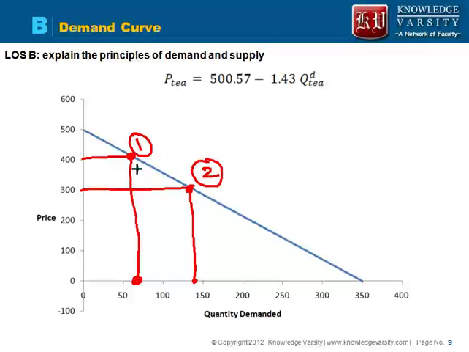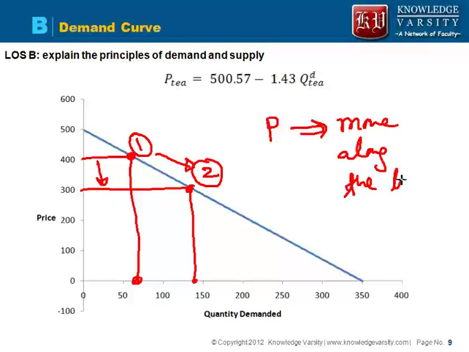So my movement has been along the line, from 1 to 2, and this is only because the price changes. So when the price is changing, you will move along the line. There will be movement along the line when the price changes. However, when other items change, for example the price of coffee is changing, or your income is changing, then you do not see this demand curve; the demand curve will not remain the same.